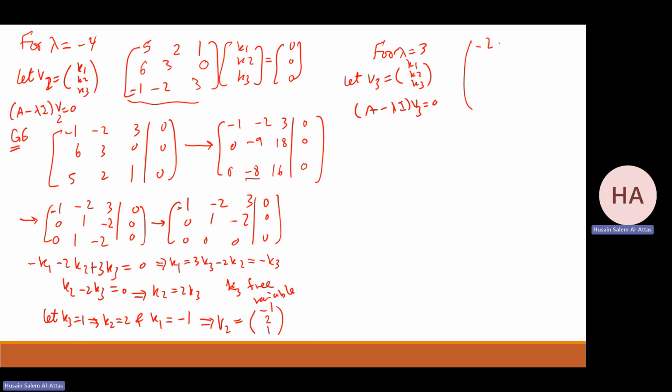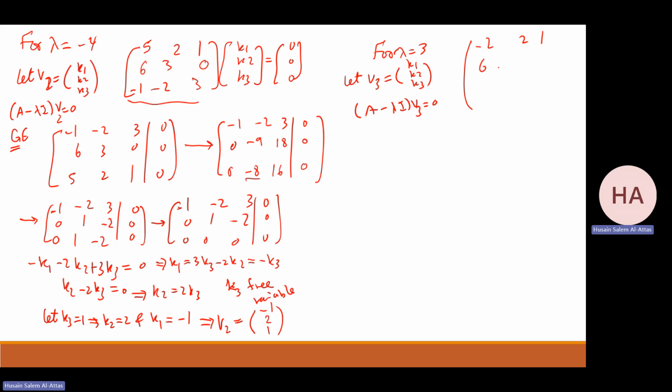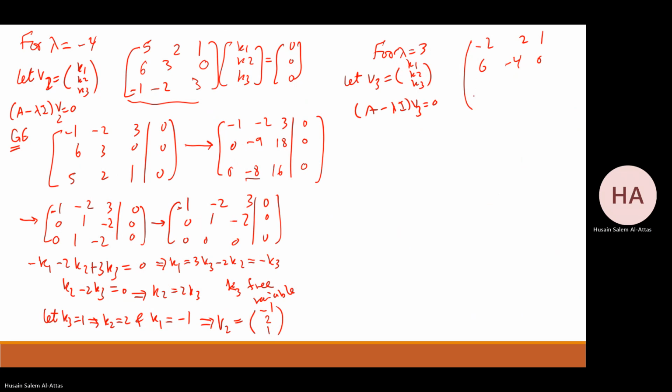That will be minus 2, 2, 1, 6. Minus 1 minus 3. That will be minus 4, 0. And then I have what? Minus 1 minus 2. Minus 4.